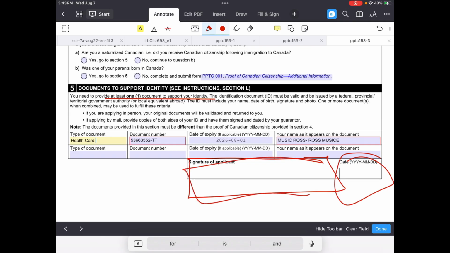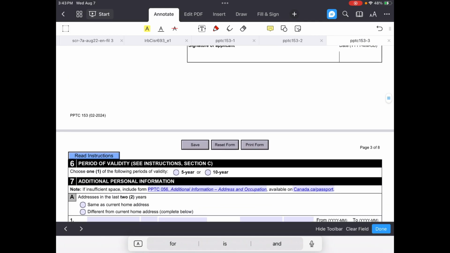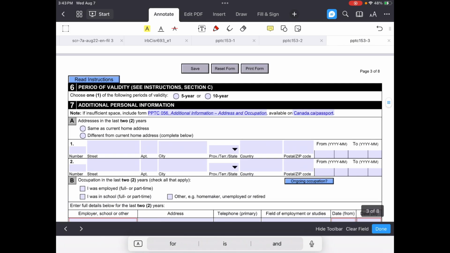After you're done signing and dating this part, you can move on to the next section. Again, you need at least one piece of ID. It can be health card or driver license. Either one works, but whichever you pick, you must have it with you along with the application when you're applying for your Canadian passport.